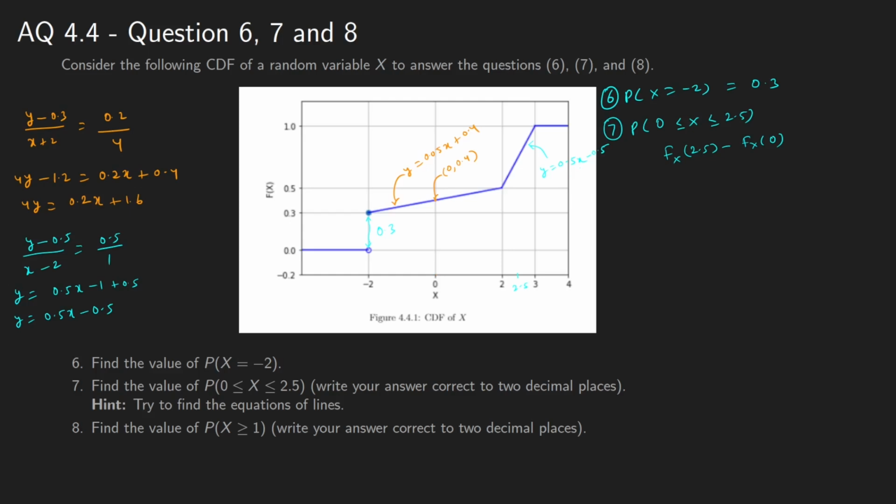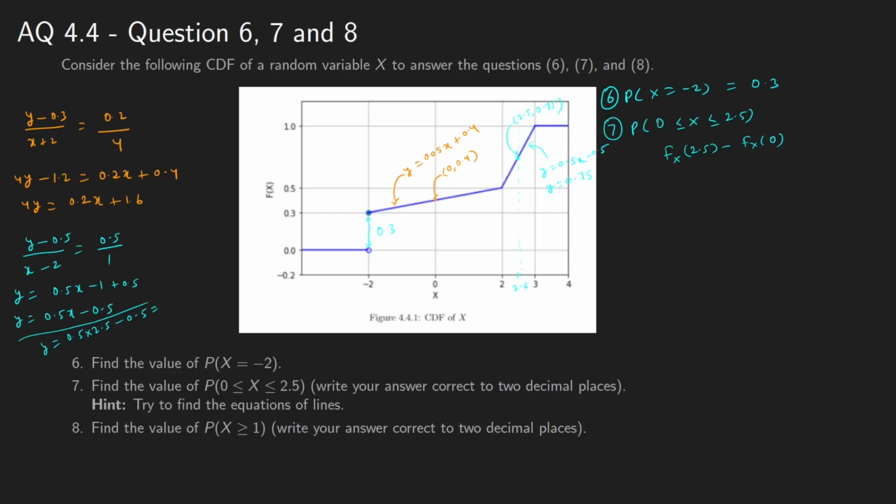If we put x equals 2.5 here, what will we get? y equals 0.5 times 2.5 minus 0.5, so y equals 0.75. So the coordinates of this point will be (2.5, 0.75), right?